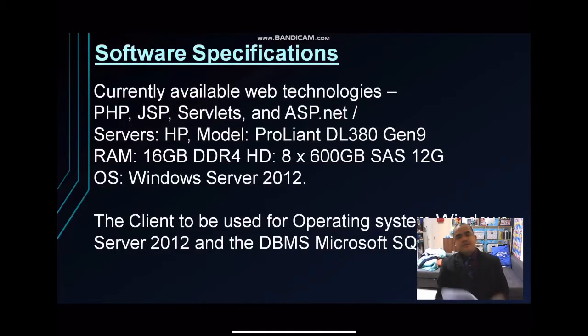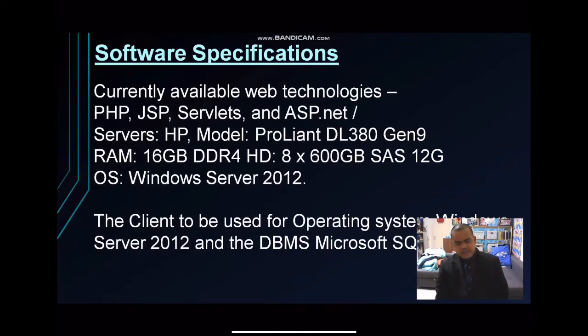The software specification. Currently available web technologies: PHP, JSP, servlets, and ASP.NET. The server is an HP ProLiant DL380 Gen 9, the RAM is 16 GB DDR, HD 8 times 600 GB SAS 12G, and the operating system is Windows Server 2012.